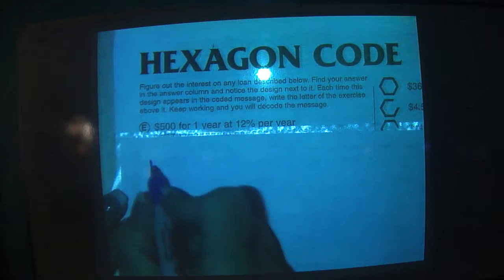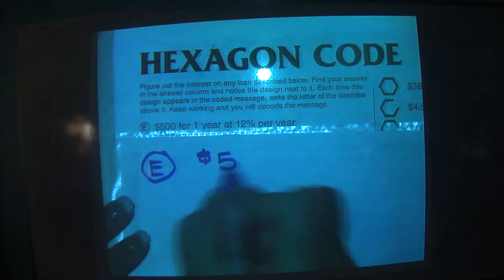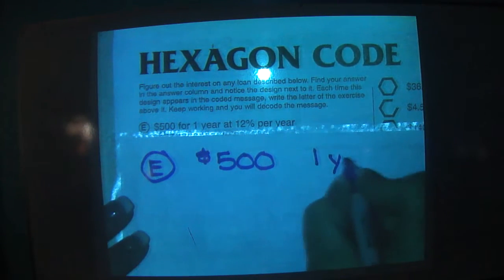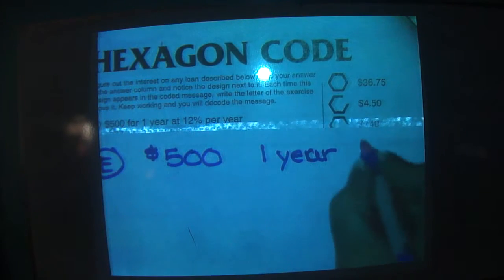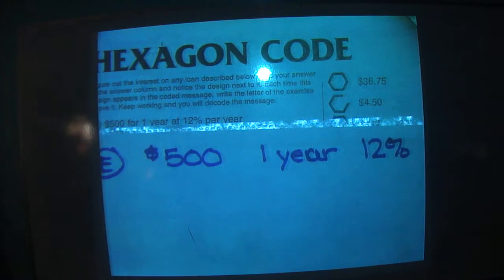So the first one, letter E, we're talking about $500 that you gave the bank for 1 year at 12%. And that's an interest rate. We know about percentages. Now, interest has its own formula.